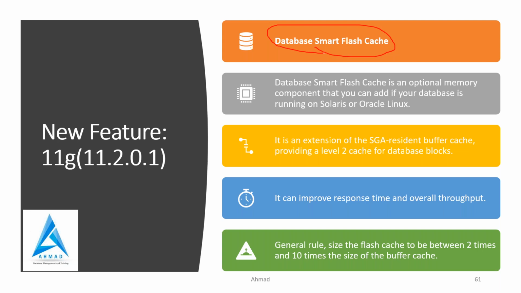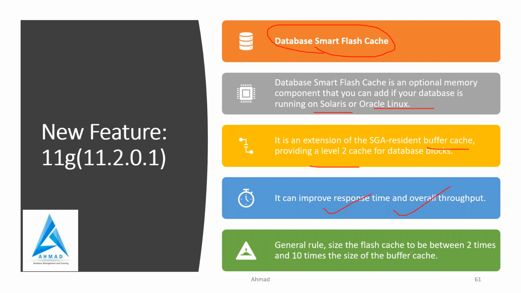It is another cache which works only on Solaris and Oracle Linux systems, and it is a level 2 extension of your database buffer cache. So it stores database buffer cache blocks in the database buffer cache as well as the Database Smart Flash Cache. So it will improve the response time and throughput.